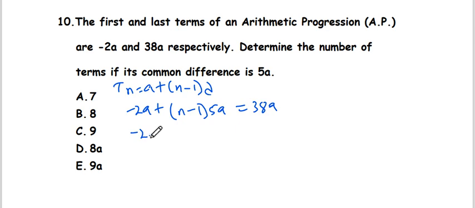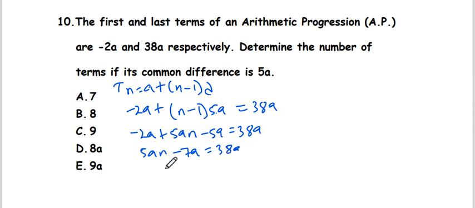So minus 2A plus 5A times n, 5An, 5A times minus 1 minus 5A is equal to 38A. So 5An minus 2A minus 5A, that's minus 7A, is equal to 38A.